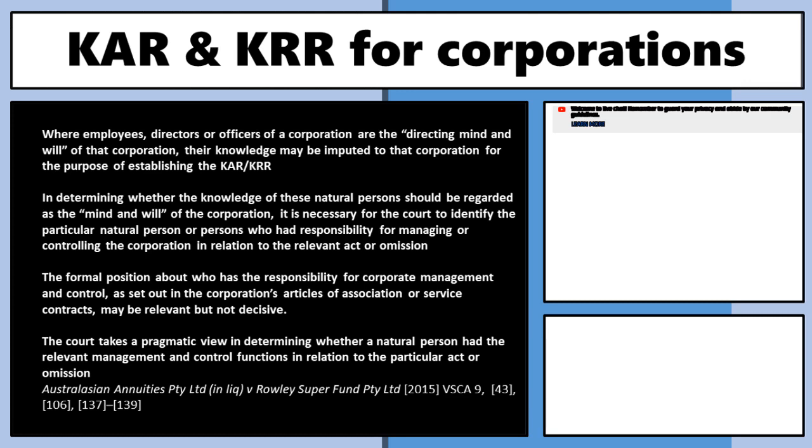Knowing assistance has to have some aspect of actual knowledge, but with a corporation, it all has to be constructed because a corporation's not a natural person. So we have to look at what the natural people did and see if we can impute that back onto the company itself. And that final note there is the courts take a pragmatic view.